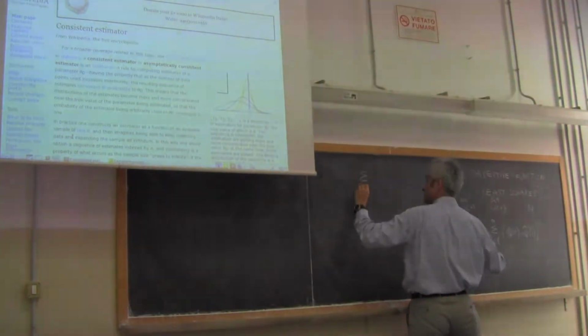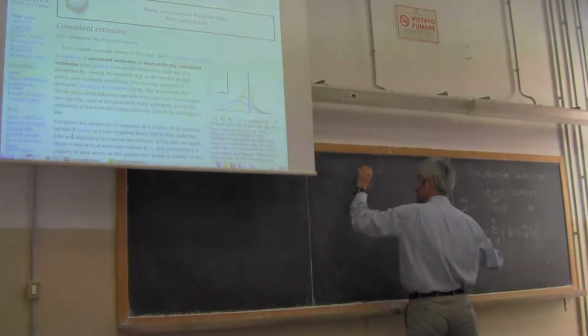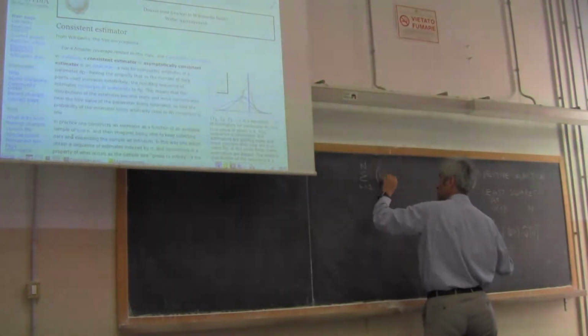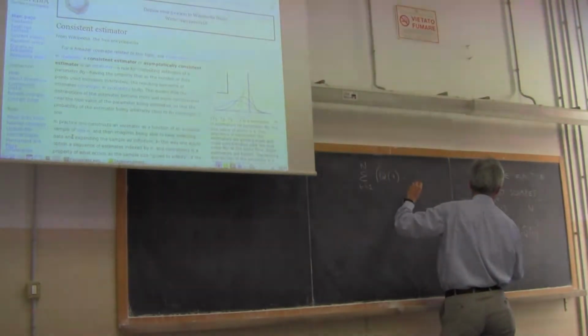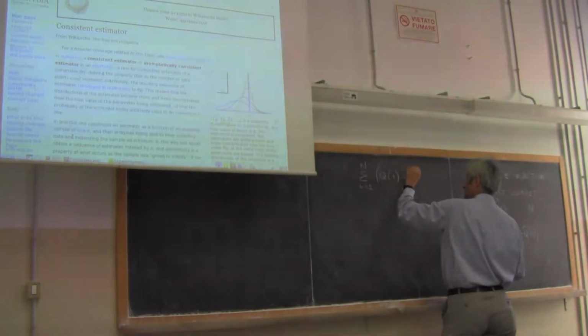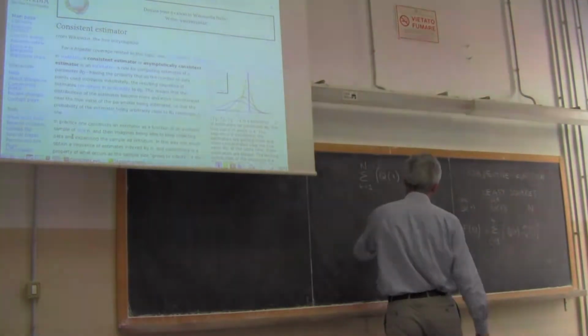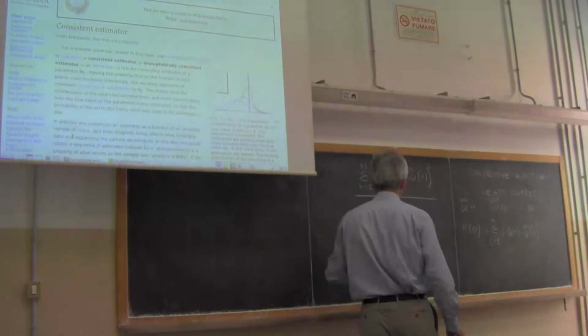So I rewrite this. Summation, time equal 1 to n, of qt minus q hat t, squared. Okay, this is divided by a denominator.